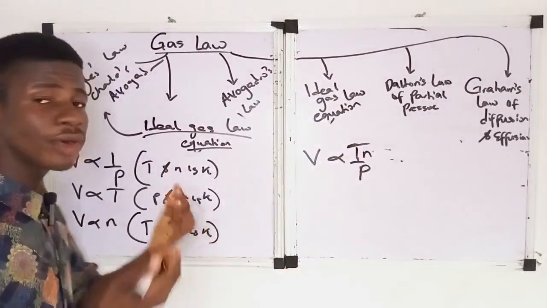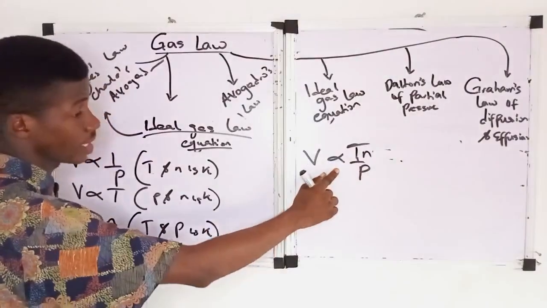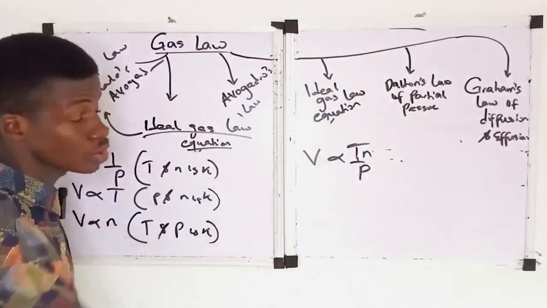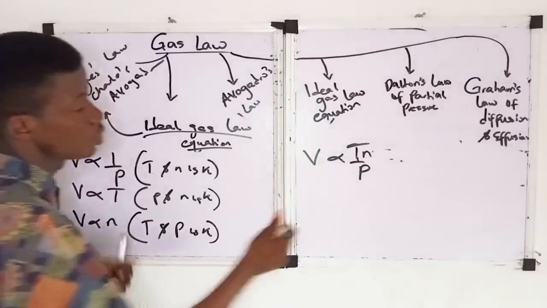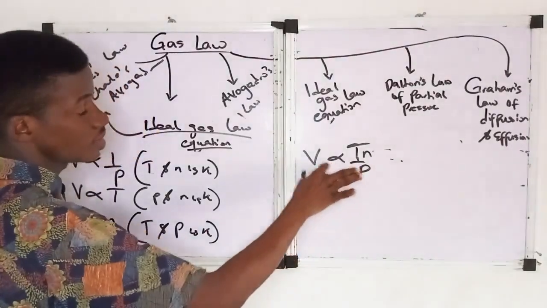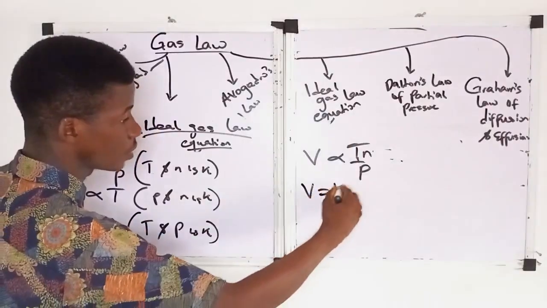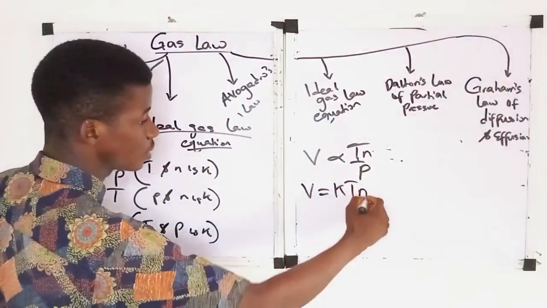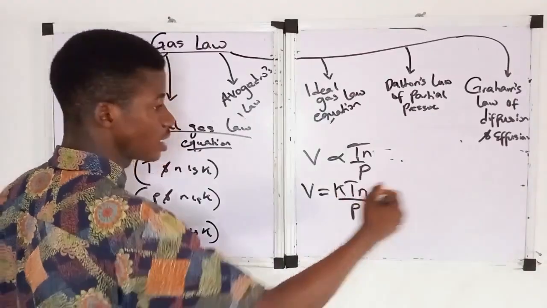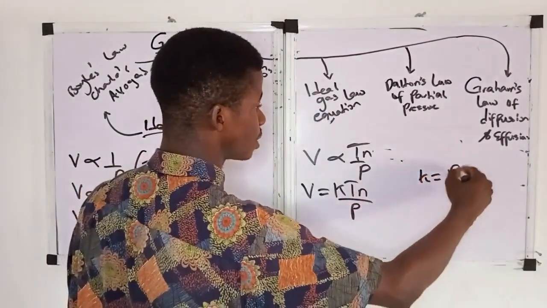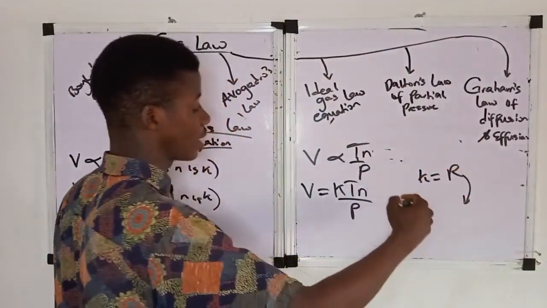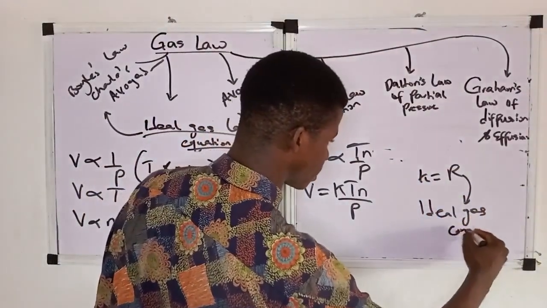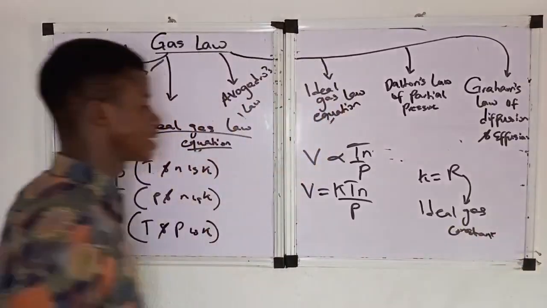Now, in order to remove this proportional sign, we introduce an equal sign and a constant, right? So now it is something like this: V equals KTn over P. This K, which is a constant, is known as R. R is known as the ideal gas constant.